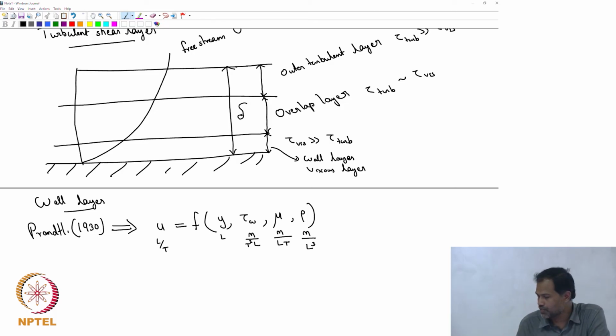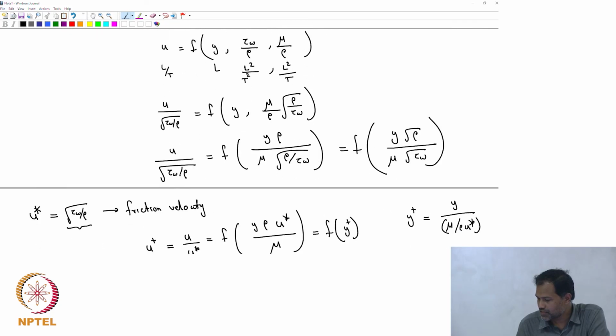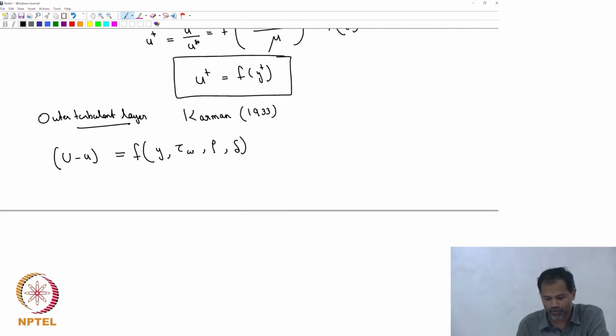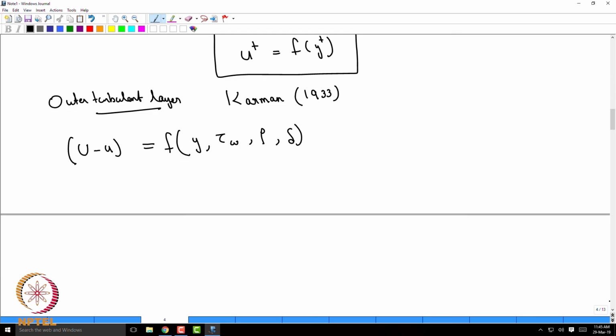So, he suggested that these are the quantities that U minus u seems to depend on: the free stream velocity minus turbulent velocity is a function of a few other things, and therefore you could again non-dimensionalize and try to write down a non-dimensional expression for the outer turbulent layer. Can you do that? So, U is the velocity of the fluid outside this entire layer that we are considering, and small u is the velocity in that layer.